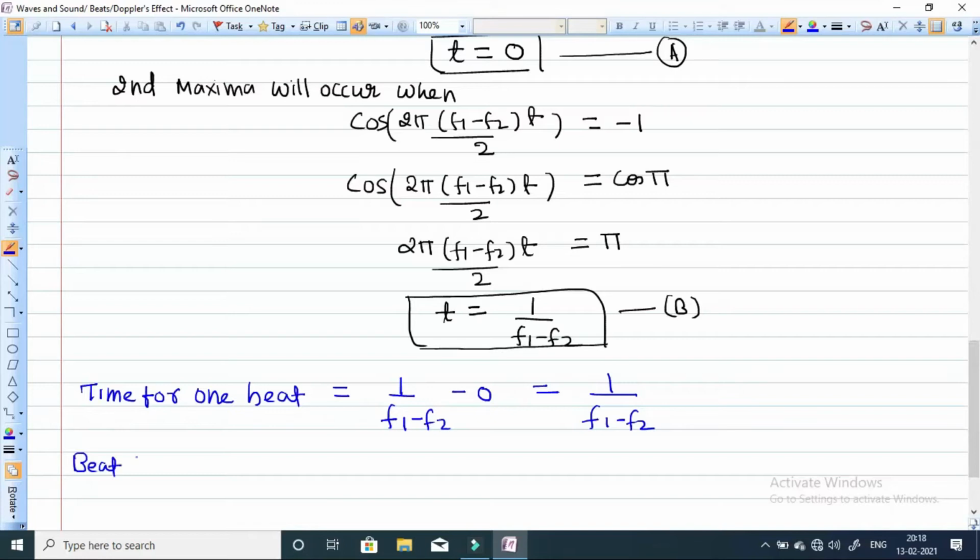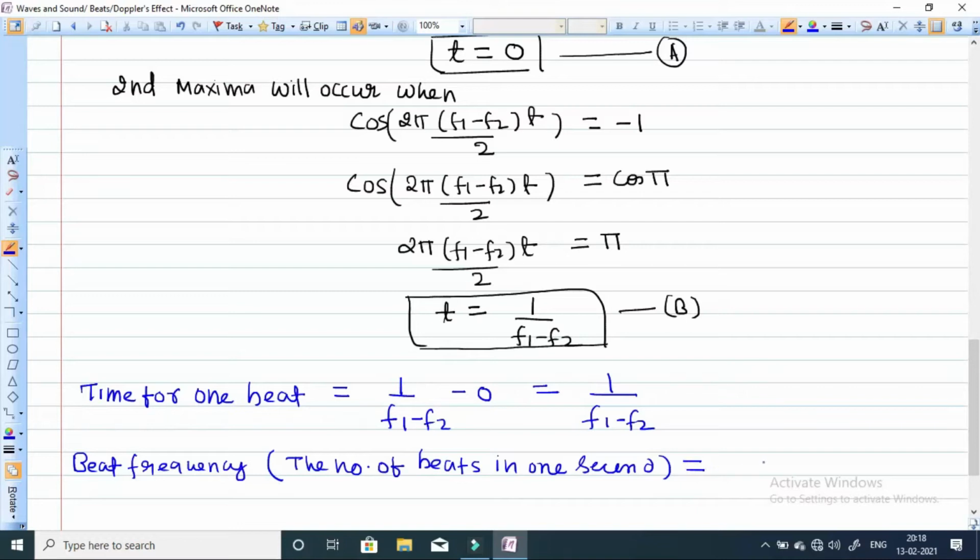Now we are going to define the bit frequency. A new term is there, bit frequency. What is bit frequency? The definition of bit frequency is the number of bits in 1 second. We can easily define this, as the reciprocal of time period is basically frequency.